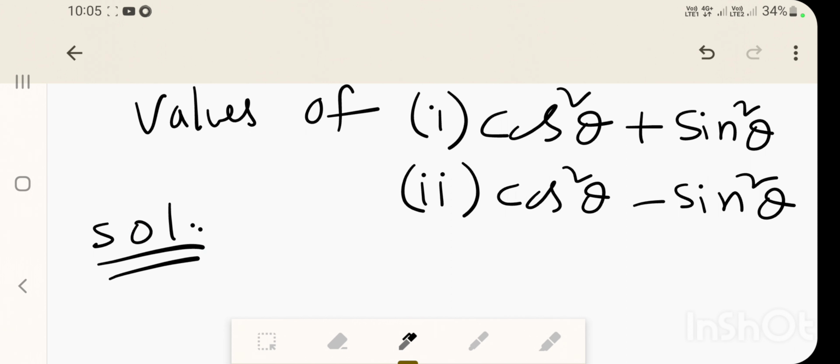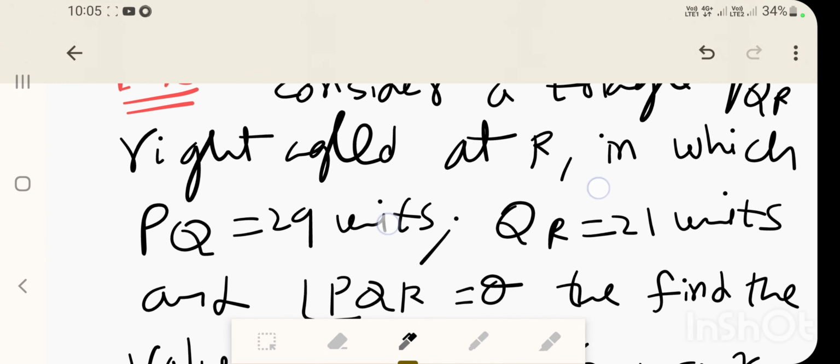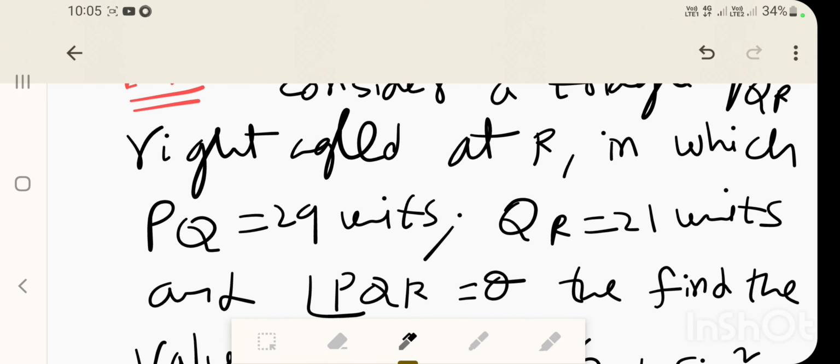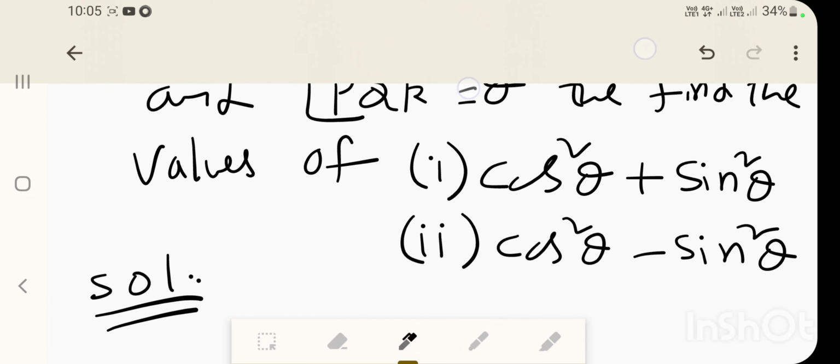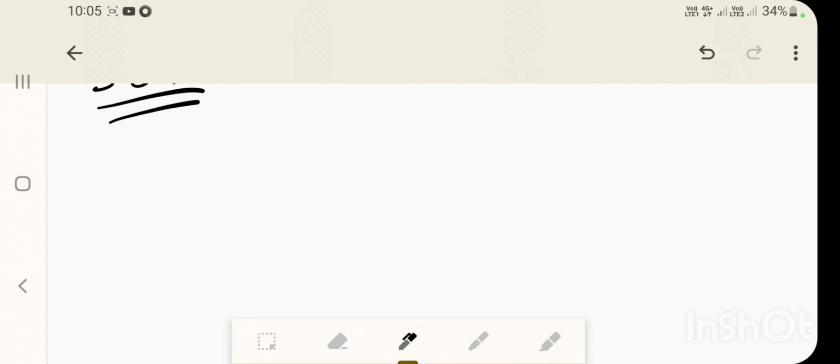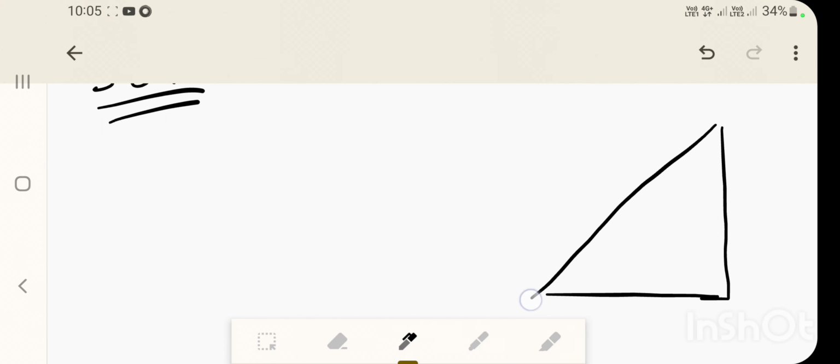Okay, so we have to find cos theta and sin theta. In the problem, the right angle is at R, that is 90 degrees, and they have given the PQ and QR lengths. First we'll draw the right angle triangle, with the right angle at R, 90 degrees, and we can take now PQR.